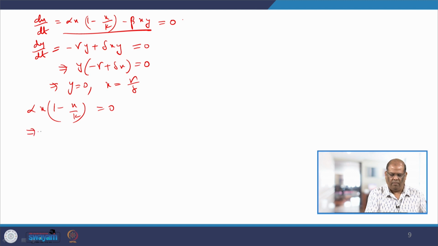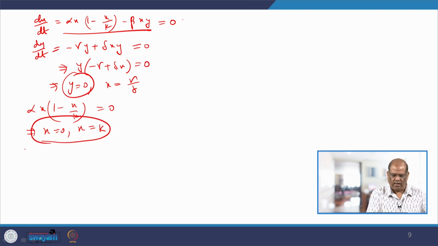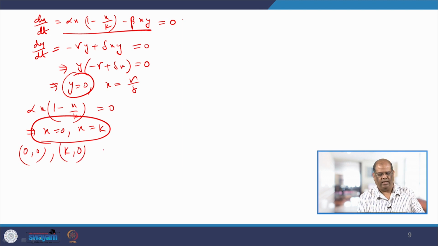So this implies x is 0 or x is k. So, for y equal to 0, you get two values of x, hence (0, 0) and (k, 0) are your steady state solutions.